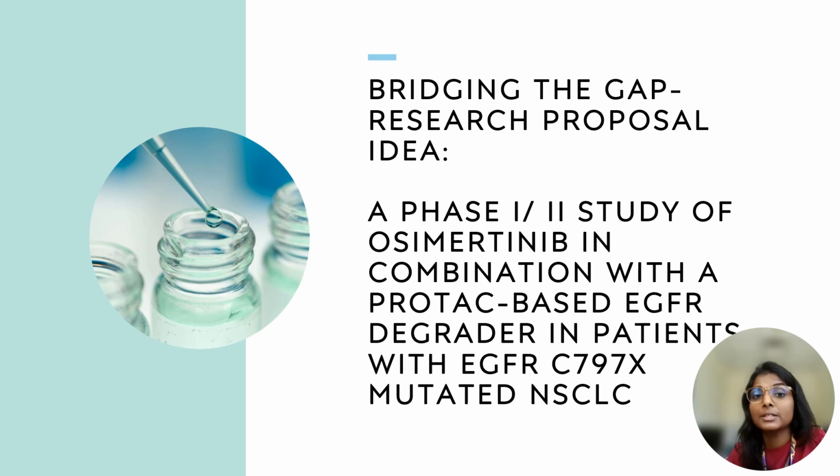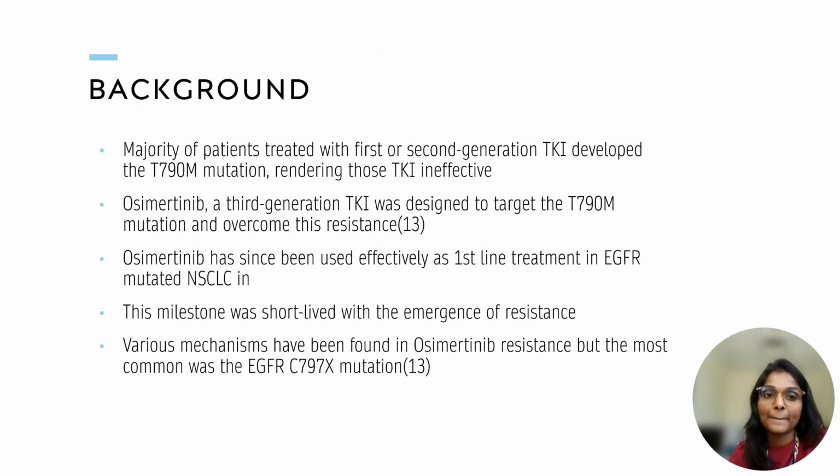This brings us to my research proposal idea to bridge this gap. A phase 1 and 2 study of osimertinib in combination with the PROTAC-based EGFR degrader in patients with EGFR C797X mutated non-small cell lung cancer. A little background on this proposed research topic. Majority of patients treated with first or second generation TKI developed the T790M mutation, rendering those TKIs ineffective, like I mentioned.